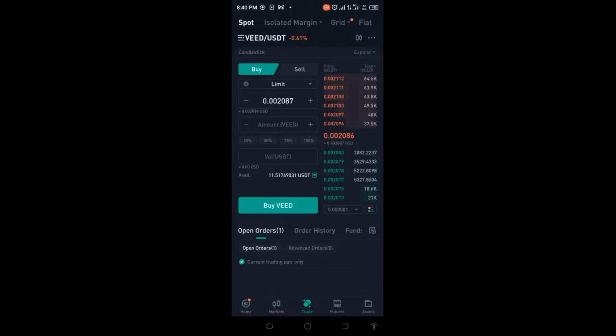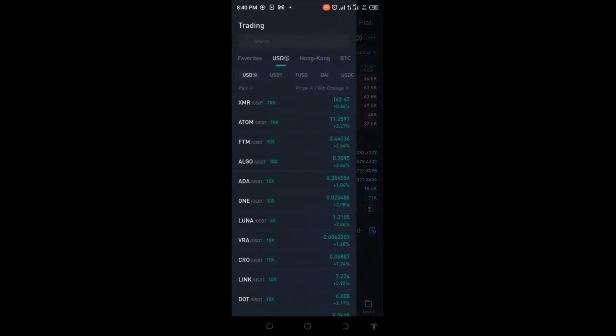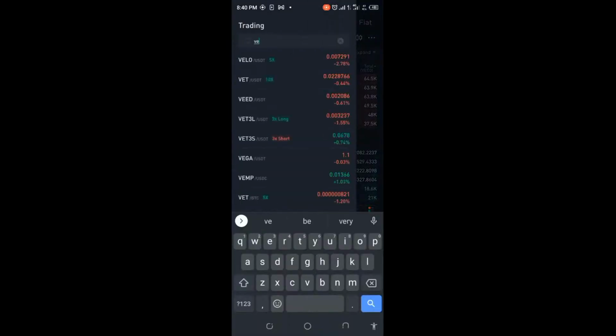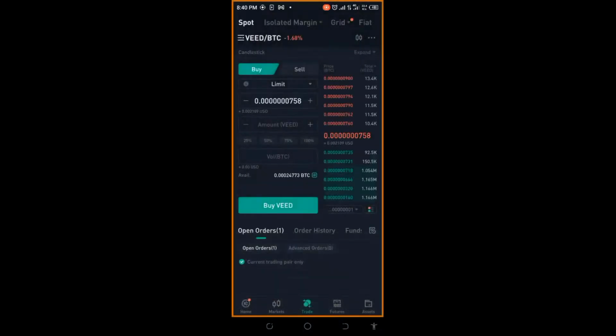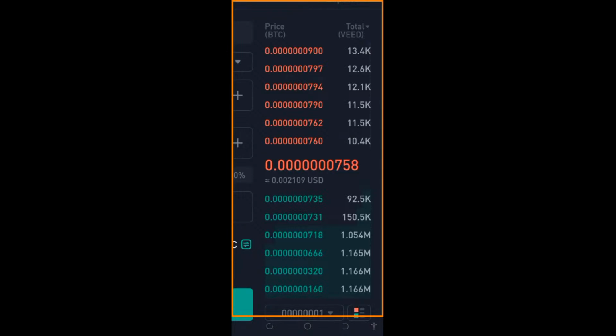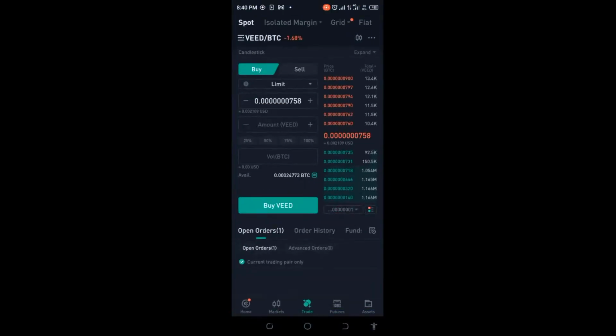And what took time was that we were waiting in VID BTC, and it was taking like forever. We bought it at 0.0000768, but we placed our sell limit at that price, 768.